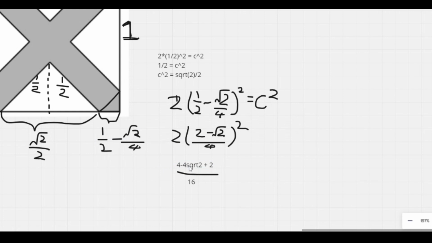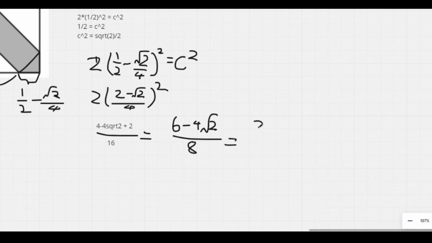And then we multiply this by 2. So this equals, and we'll combine the like terms, 6 minus 4 square root 2 over 8, which is 3 minus 2 square root of 2 over 4, equals c squared.